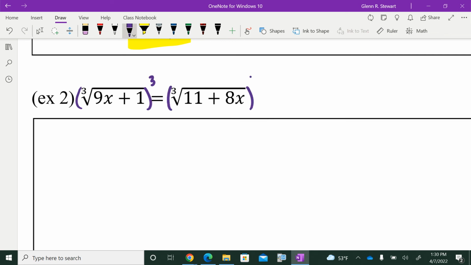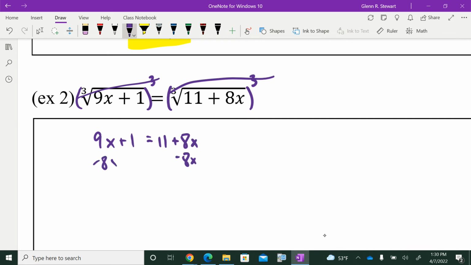So these will cancel, and I'm left with 9x plus 1 equals 11 plus 8x. I'm going to subtract 8x from both sides. x plus 1 equals 11. Subtract 1, and x is equal to 10.